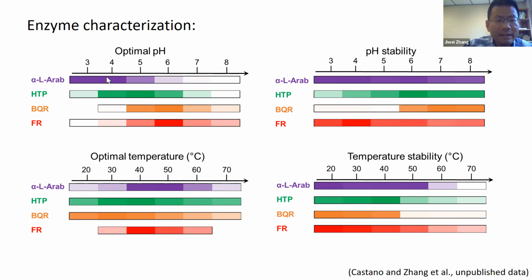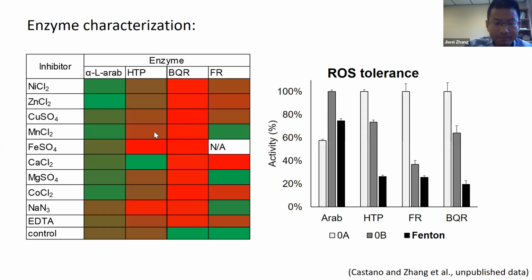Basically what you're seeing here is one of the hydrolases called alpha-L-arabinofuranosidase. It has a very robust capacity to resist many conditions. It has a very wide range of pH stability and temperature stability compared to the other three enzymes.